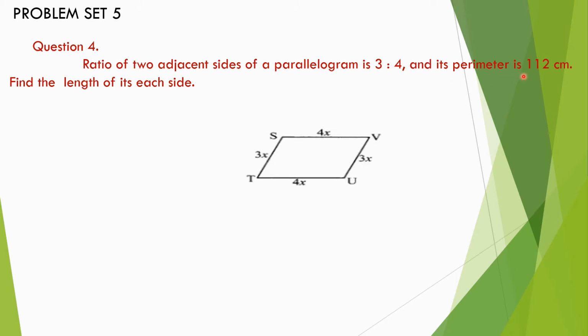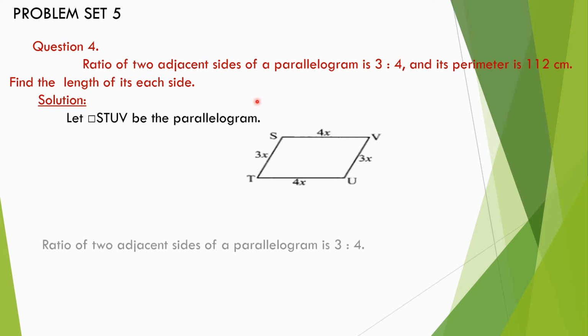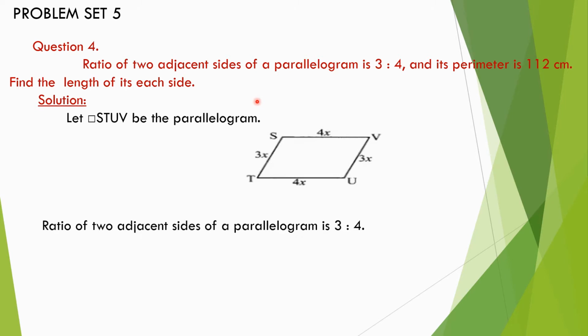And we have to find the length of each side. Solution: let STUV be the parallelogram and the ratio of the two adjacent sides of the parallelogram is 3:4.